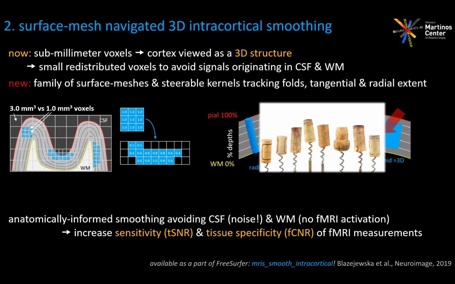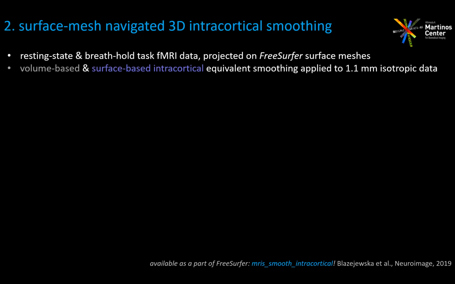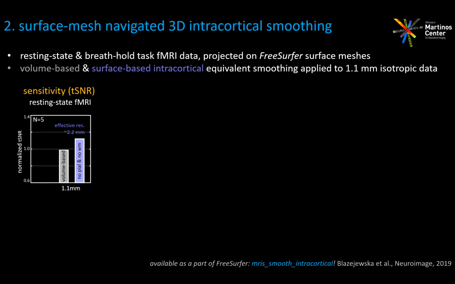Some people still remember. Okay, so we just quickly acquired resting state and breath hold data, and we compared this smoothing approach with the volume-based smoothing, and we found that this kernel that skips white matter and CSF outperforms the volume-based smoothing, which you kind of expect, but it also outperformed the original lower resolution 3 millimeter data.